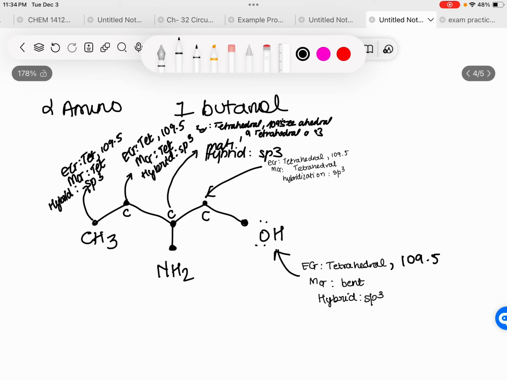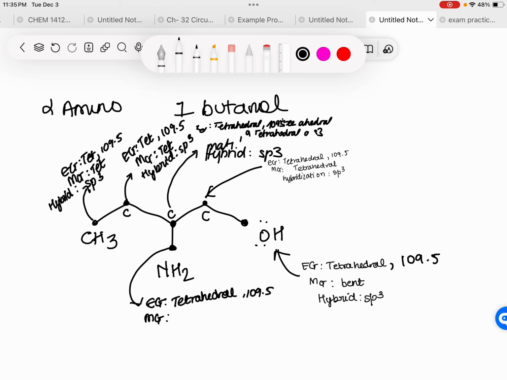The nitrogen has an electron geometry that is tetrahedral since it has 1 lone pair and 2 hydrogens. All the carbons had 4 bonds. That's the reason why they were tetrahedral.